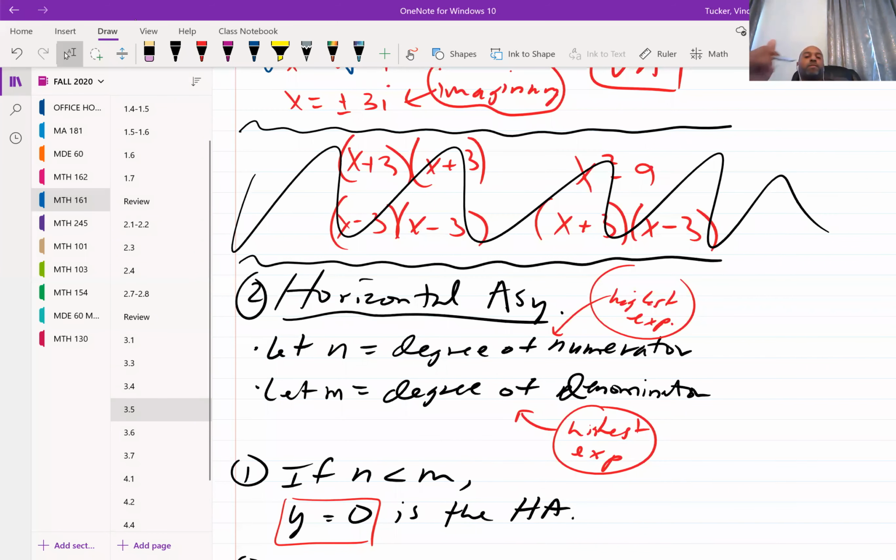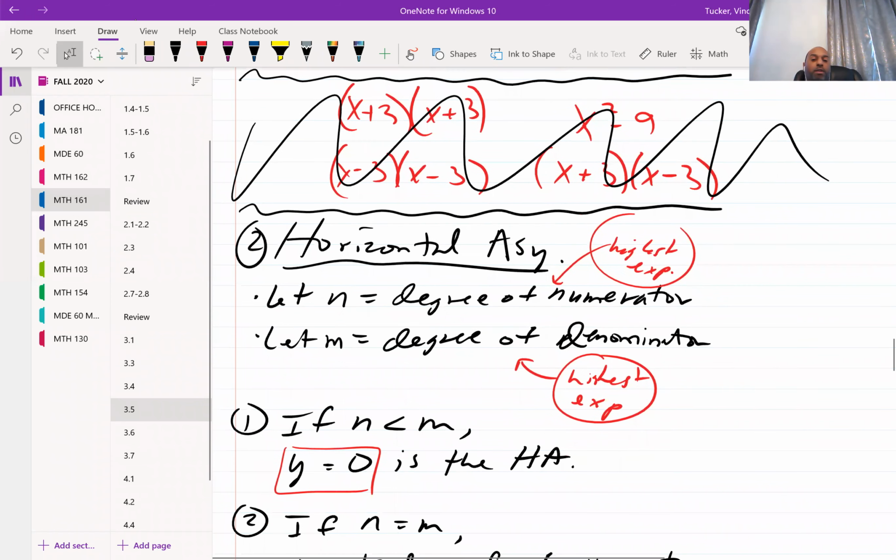So if n is less than m, your horizontal asymptote is y equal to 0. Also take note that with vertical asymptotes we use x equals, with horizontal asymptotes it is y equals.